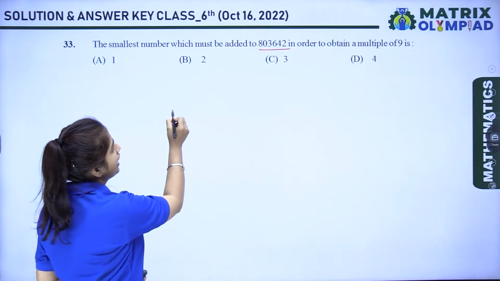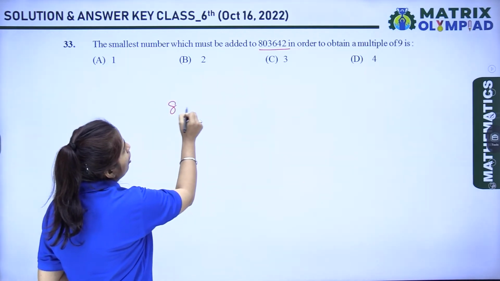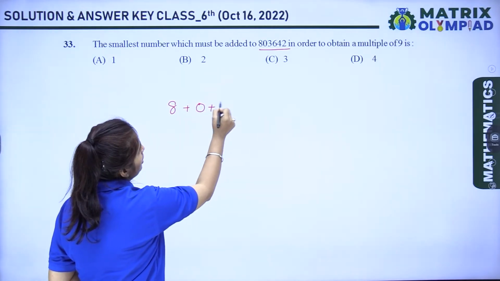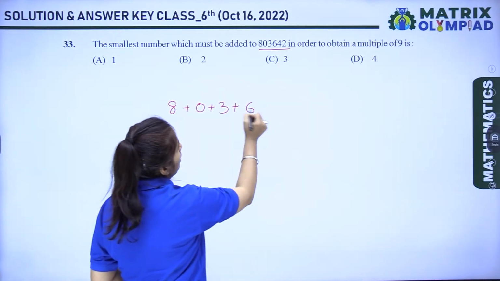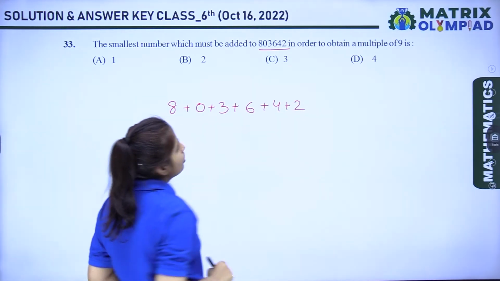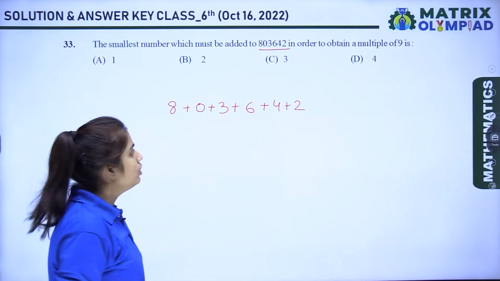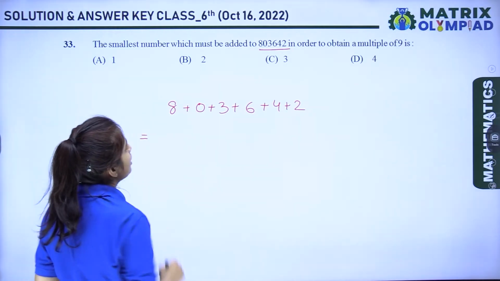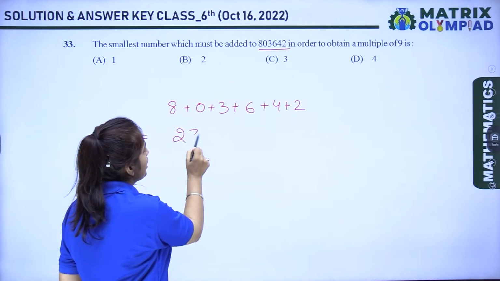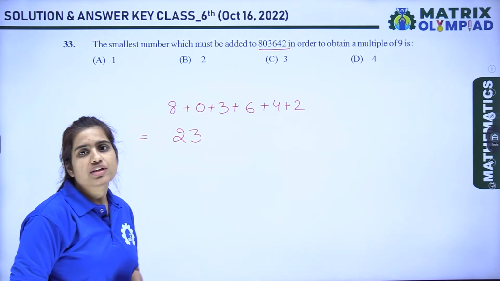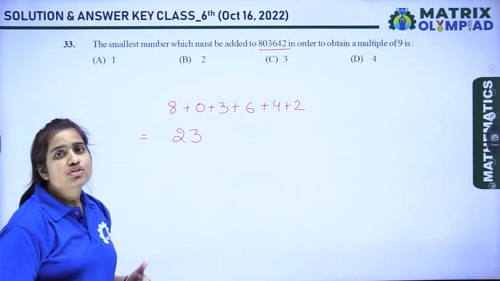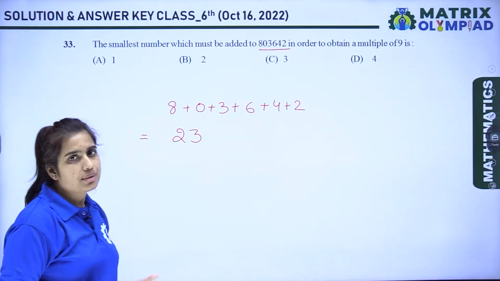The divisibility rule of 9 is that the sum of the digits should be a multiple of 9. So we are going to check the divisibility rule. Here the sum of all the digits is 23, and 23 is not a multiple of 9. So which number is to be added to get a multiple of 9?